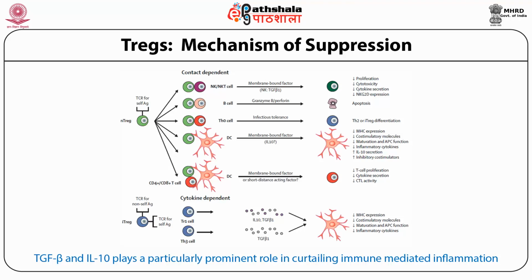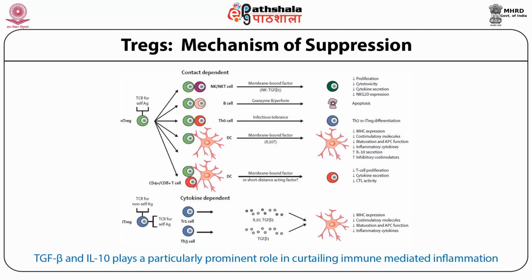How do they suppress the other molecules? They are not only contact dependent, they are also cytokine dependent. These induced regulatory T cells secrete IL-10 and TGF-beta, and through IL-10 and TGF-beta, they reduce the expression of MHC on dendritic cells.